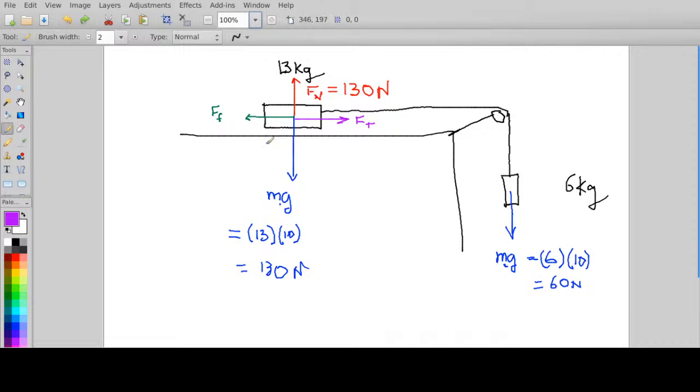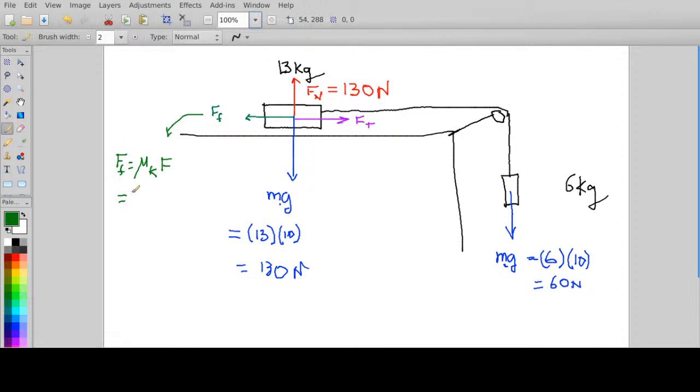Do we have Ff? Well, yeah, we actually do. Let me do it over here. Ff is going to equal mu k times Fn. And what did I say mu k was? I said it was 0.25.